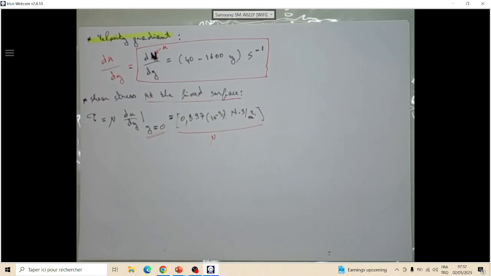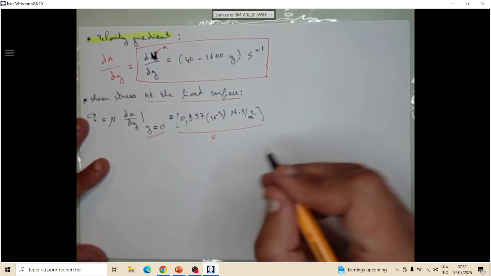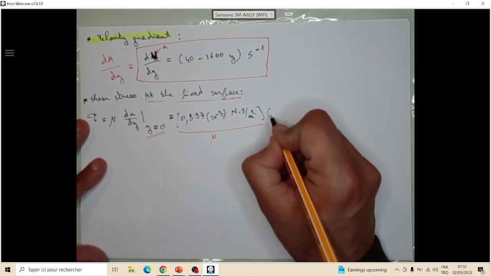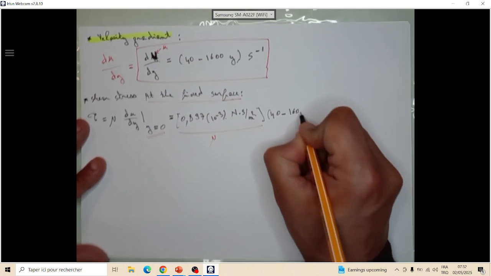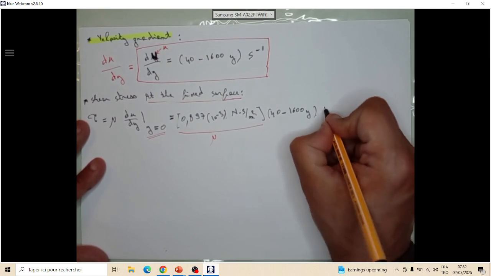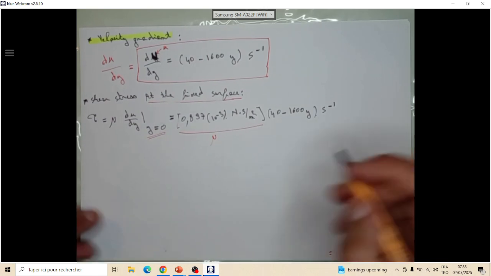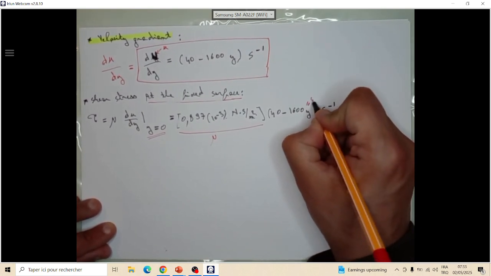I will replace the expression here. It will give me 40 minus 106 y, and the unit here, of course, is second minus 1. What I have to do here is replace y by 0. So here we have y equal to 0, so it will be equal to 0.